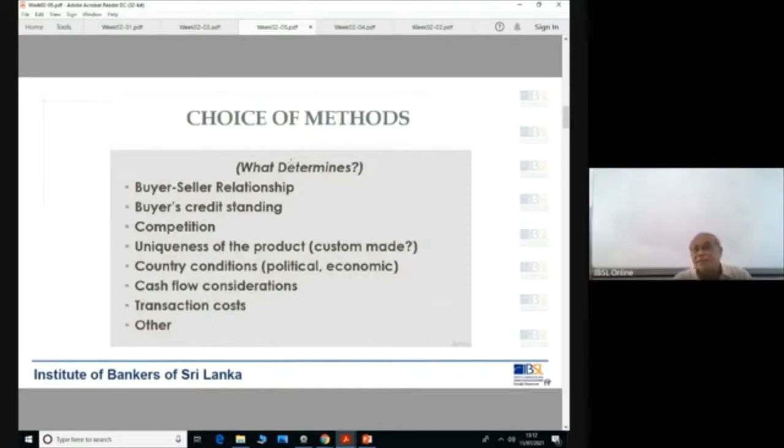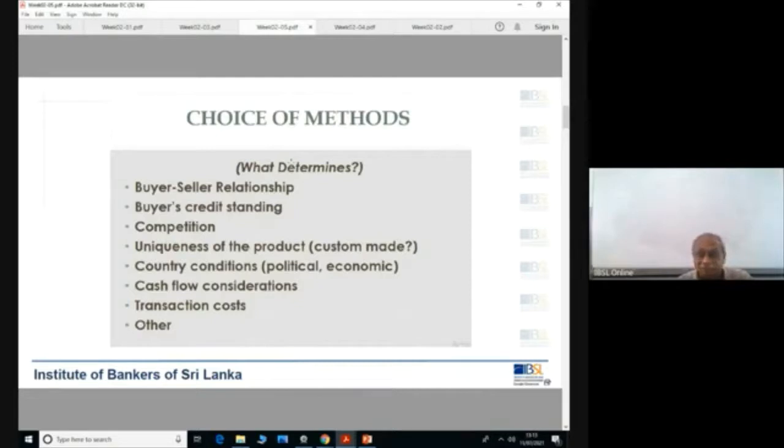When it comes to a transaction between a buyer and the seller, they have to choose the best payment method that will be suitable for their transaction. The choice of method depends on the buyer-seller relationship.